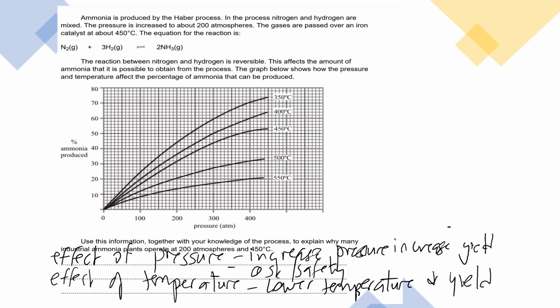And it's an exothermic reaction going forward as well, so we need to be careful on the temperatures. Now the compromise here will be the optimum conditions. The reason why we are sticking with 200 atmospheres and 450 will be that we are compromising. So the compromise is the optimum conditions in terms of pressure and temperature.